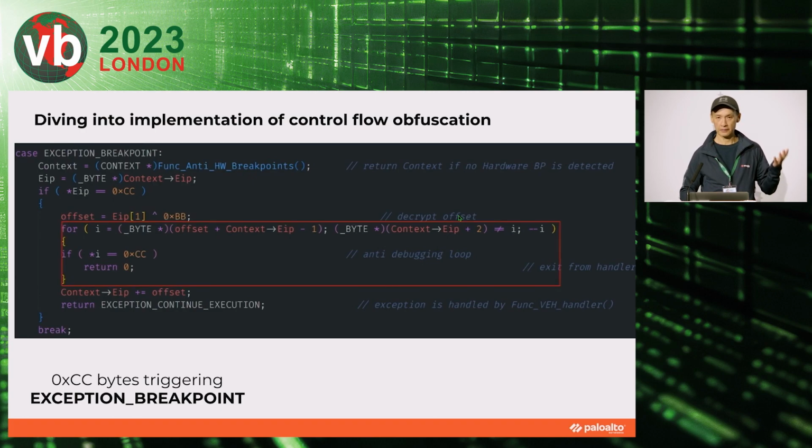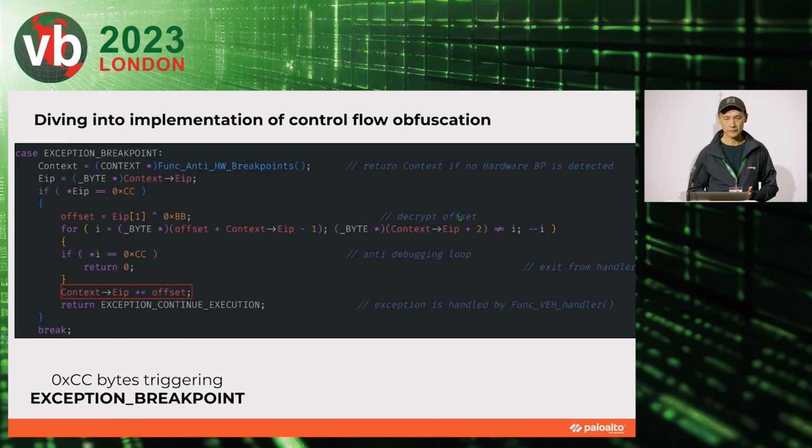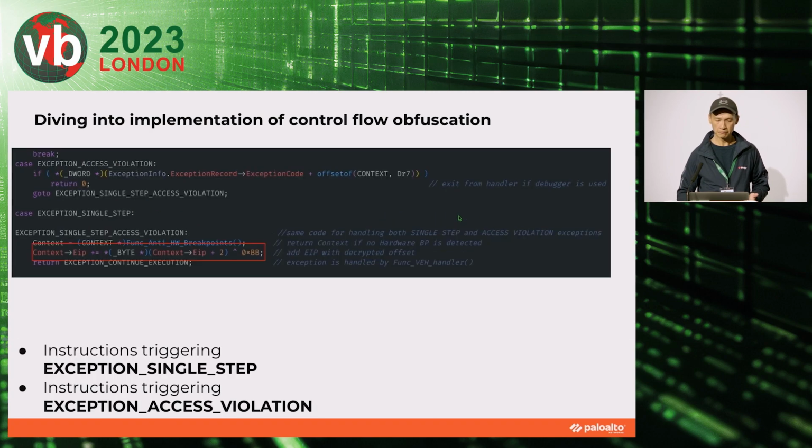Then, on top of the hardware breakpoint check, this time they look for software breakpoints, because again they are being very careful, making sure that there are no debuggers around. If there is no software breakpoint, they will add the offset value back into the instruction pointer. The idea is that we want to move the instruction pointer away from the original CC byte to the instruction after the sequence of junk bytes. And then they return execution back to the code.